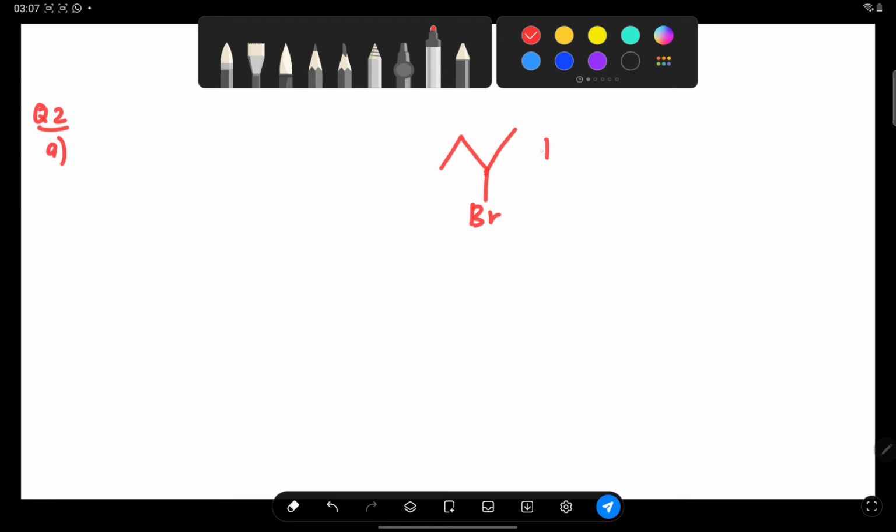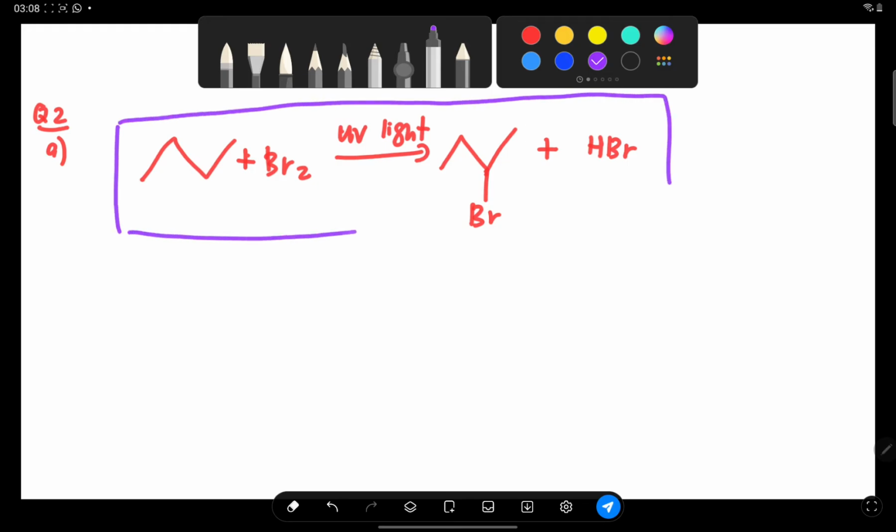Here is UV light, and there is one hydrogen here that is substituted with Br, plus Br2. Basically this is the general equation for this reaction.